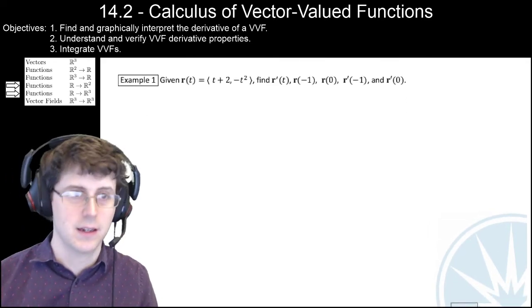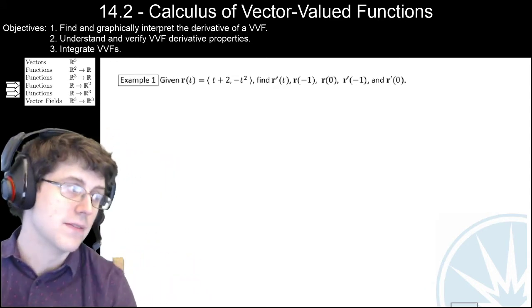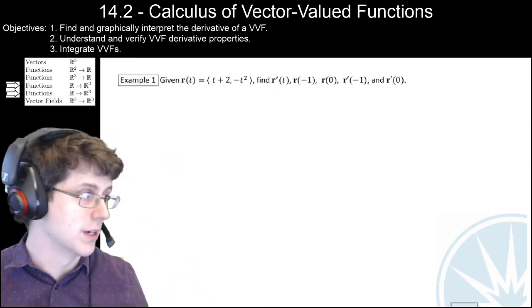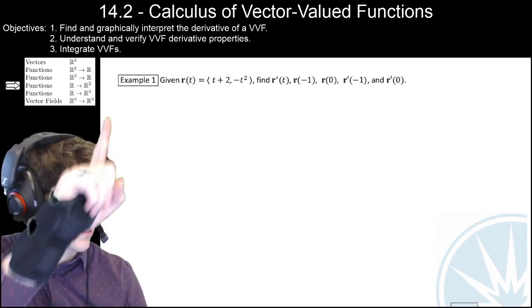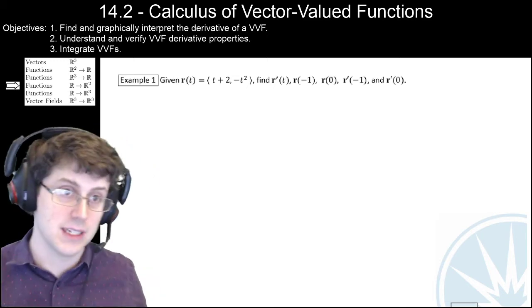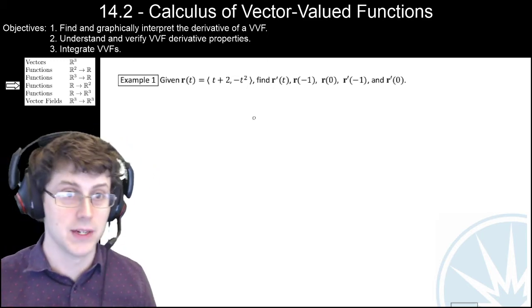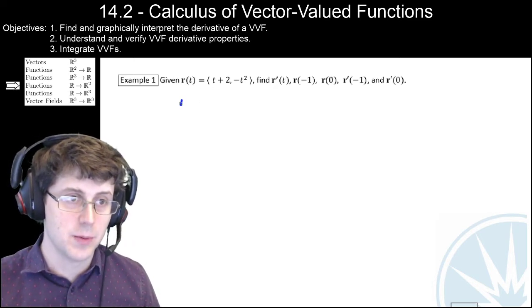This one is a function that takes one number as input and gives you a vector in the plane as output. So this time we're talking about this kind of function where it takes one number as input and gives 2 numbers as output. It's a vector with 2 components. So if r of t is this vector, what's r prime of t?